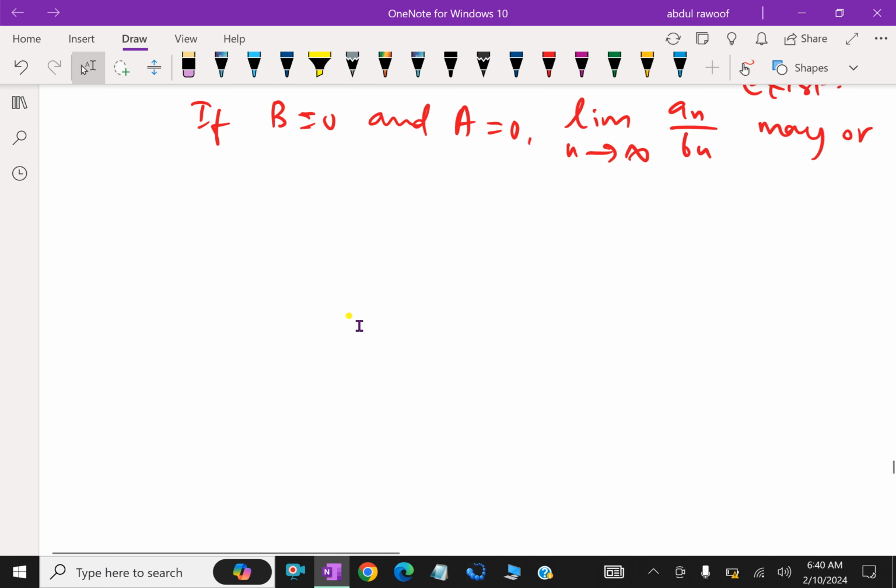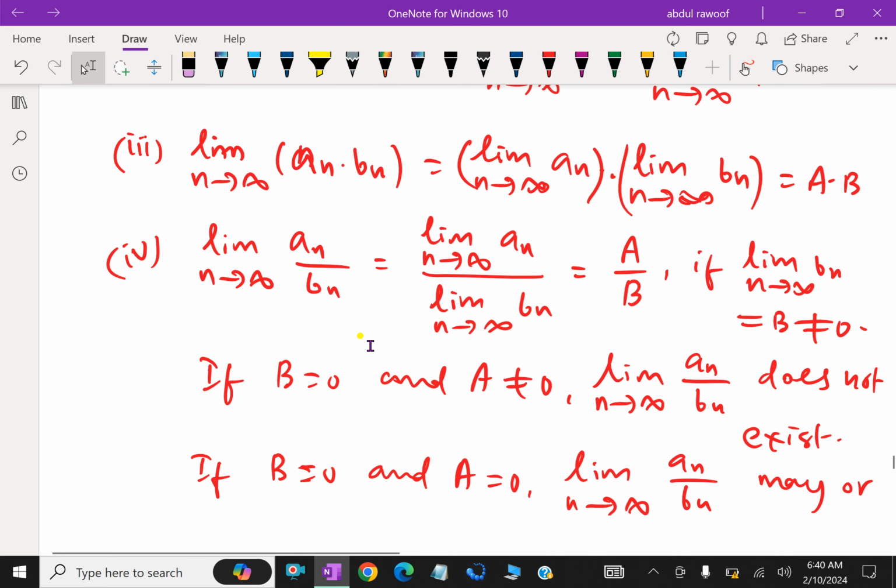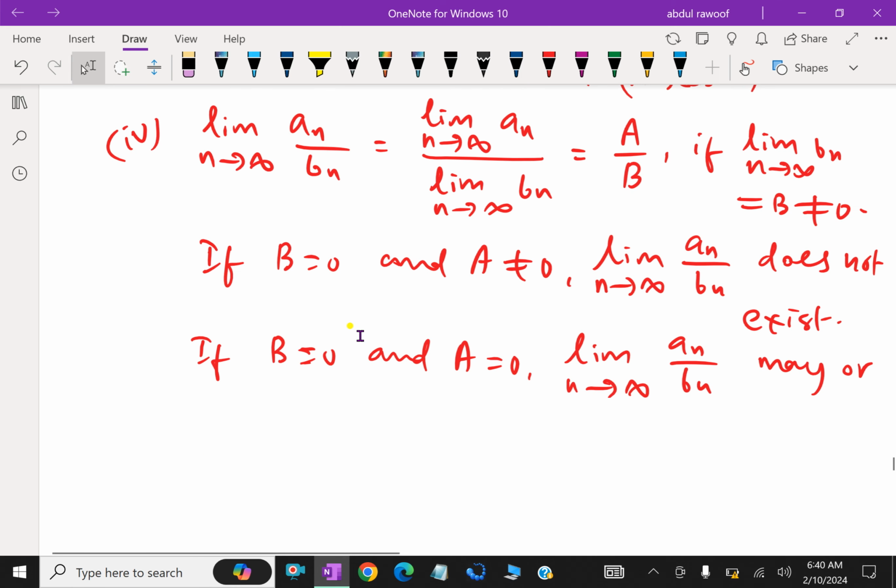Now let us do some example problems regarding these limits.